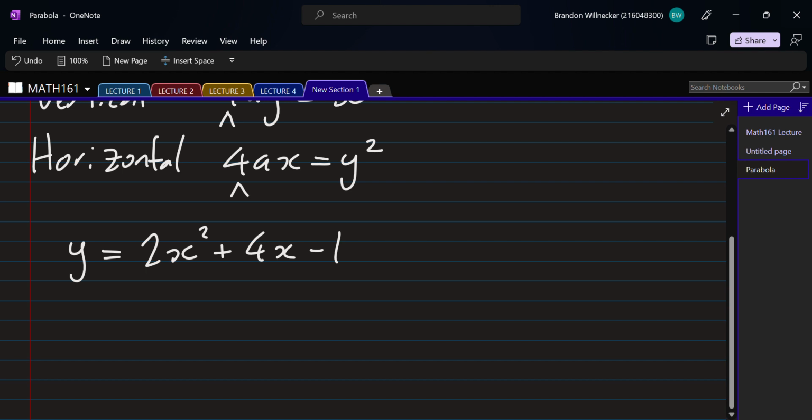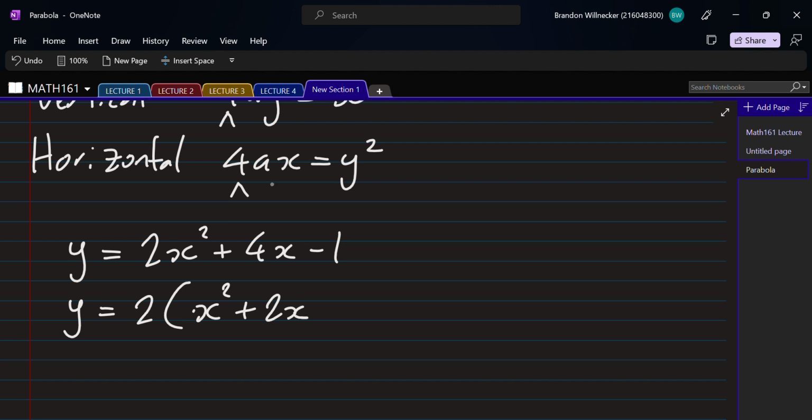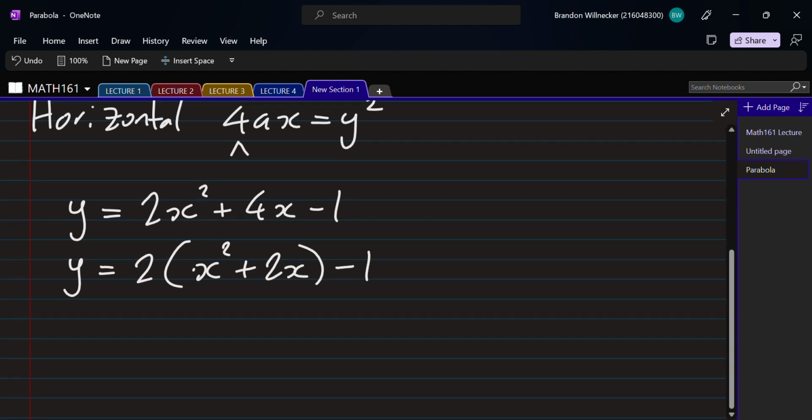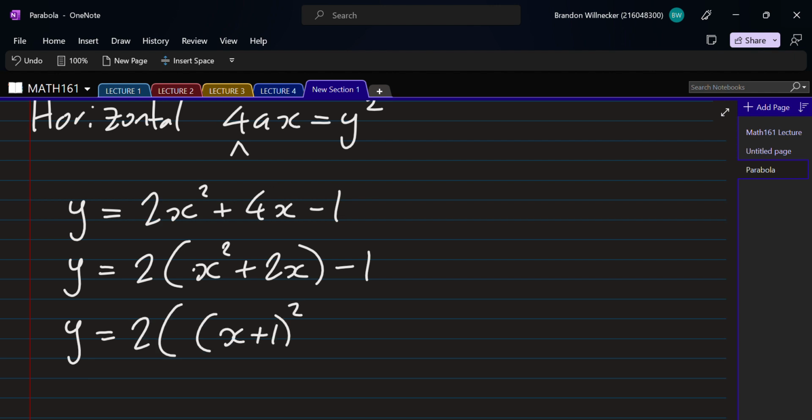The first thing we can do is complete the square on the right-hand side so that we can get x by itself. So we have y is equal to 2 times x squared plus 2x minus 1. And then inside the brackets, we can complete the square. So we get 2 times x plus 1 squared. If we multiply that out, we're going to get x squared plus 2x plus 1.